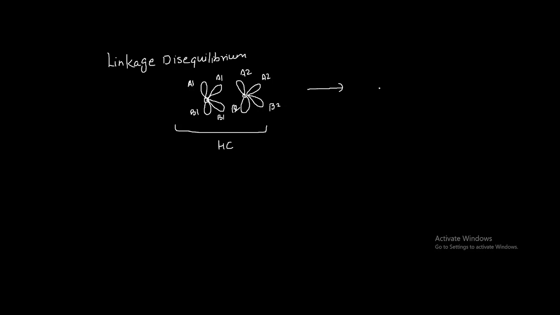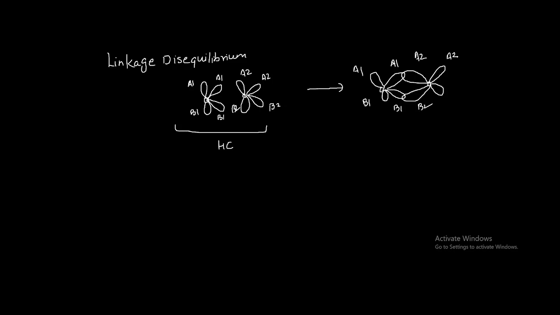If there is any homologous chromosome, you will see it like this. Suppose this is A1B1, and this is A2B2.